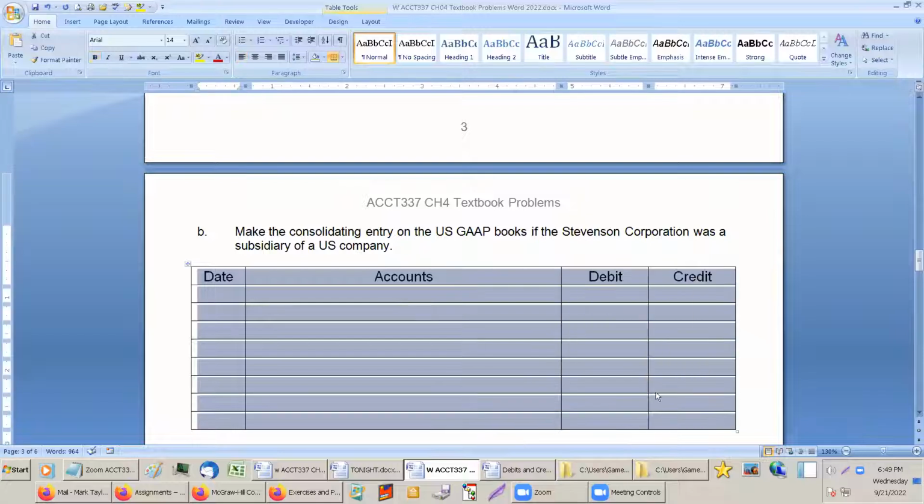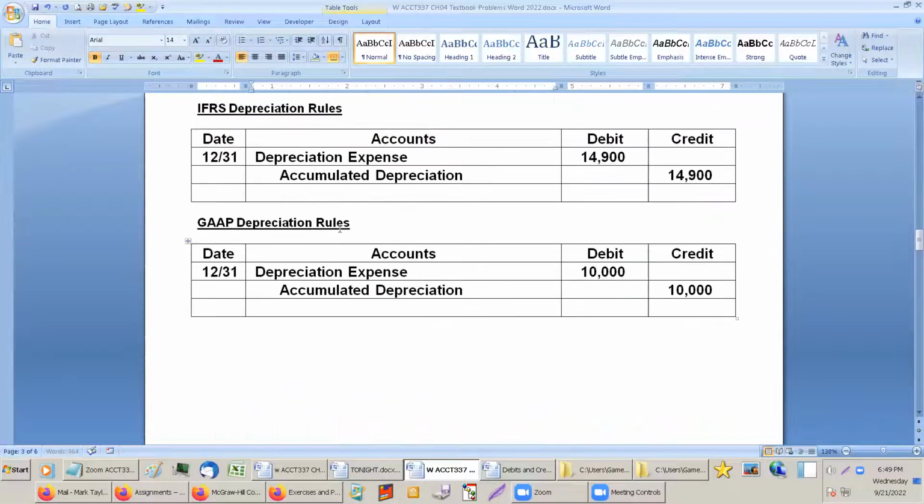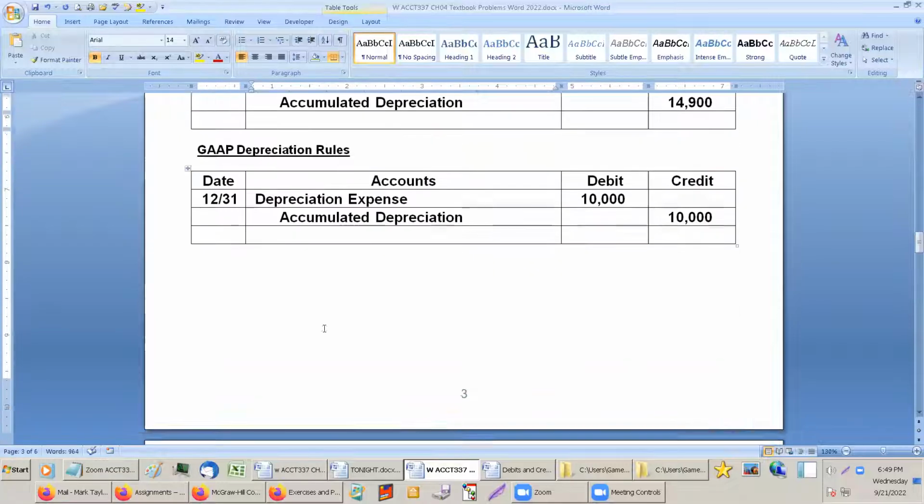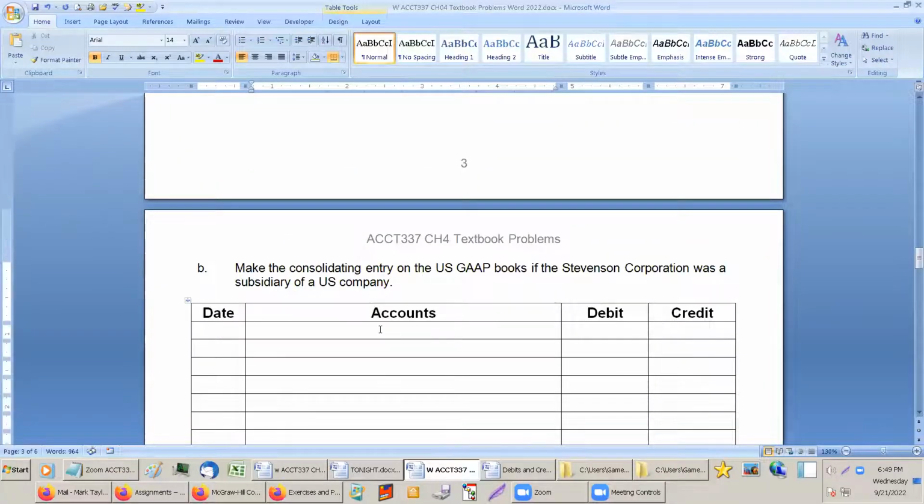Okay. So I would just probably take off the, so reverse the IFRS.